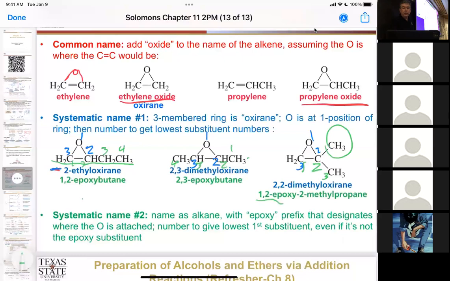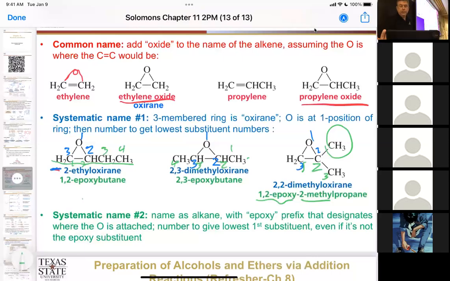So that means we have 1,2-epoxy-2-methylpropane. That's the second systematic method. Make sure you know if it has oxirane, you start numbering at the oxygen. If you have epoxy, you're trying to get that epoxy on the lowest substituent possible, but the longest carbon chain possible. Questions on that?